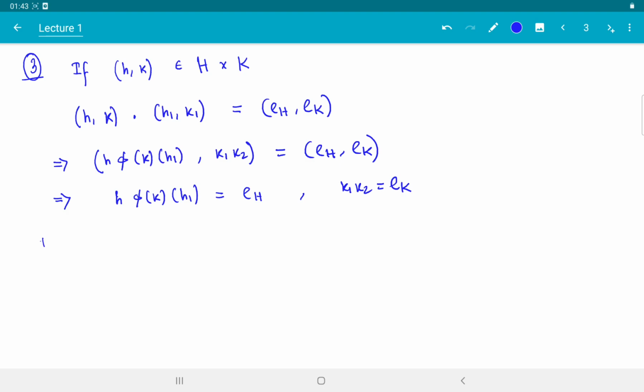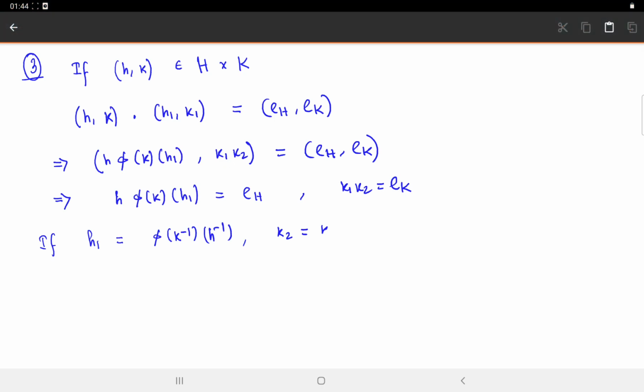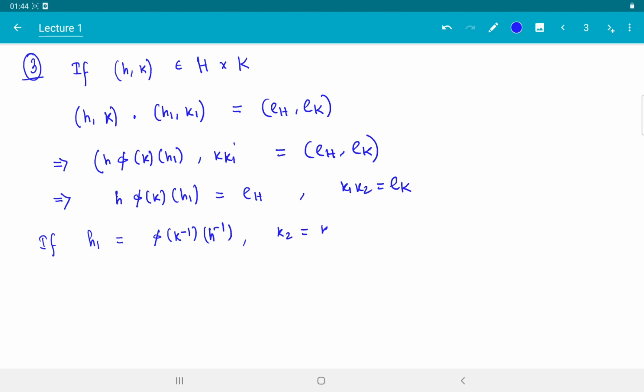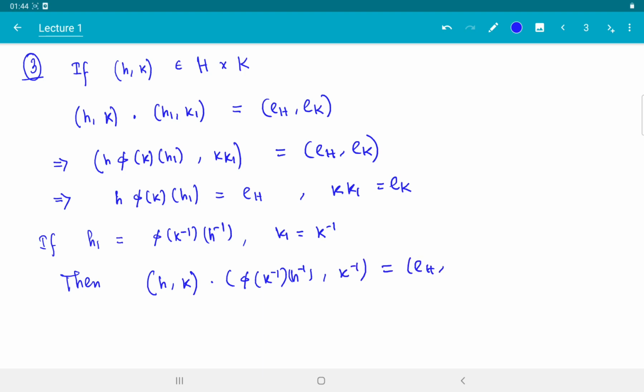So if I take h1 as phi_k inverse of h inverse, and k1 equals k inverse, then it is easily checked that you get (eH, eK). So it is the inverse of (h, k).